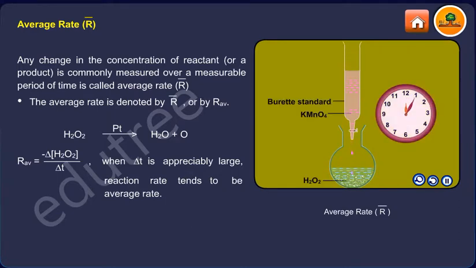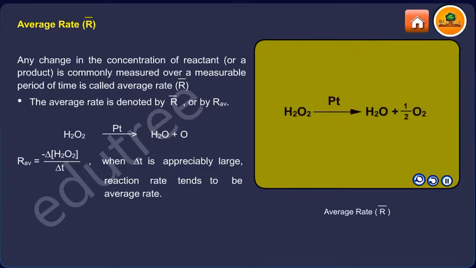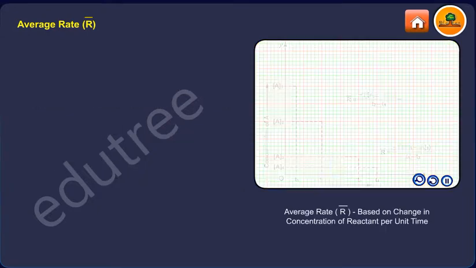R average is equal to minus delta concentration of H2O2 upon delta T. When delta T is appreciably large, reaction rate tends to be average rate.